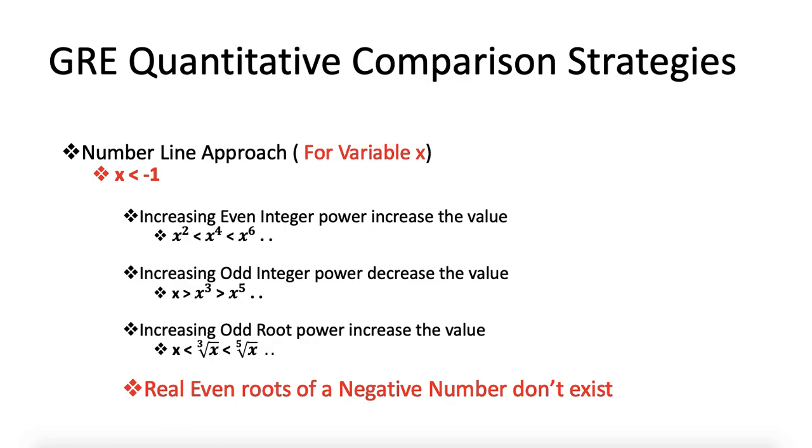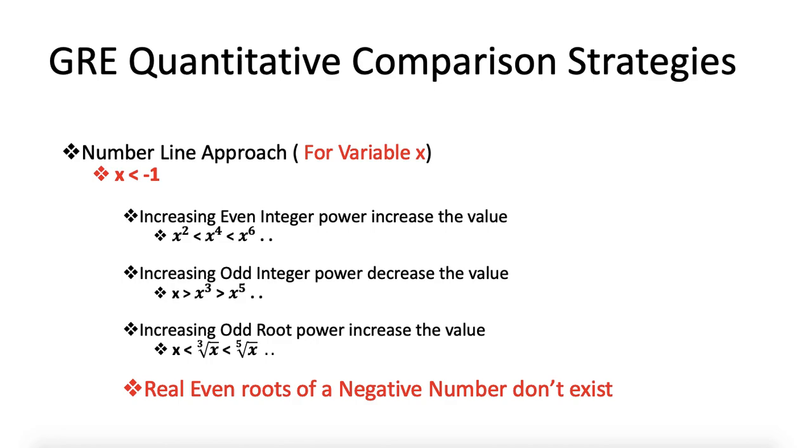Almost all appropriate numbers are considered in these ranges, because if x is greater than 1, that holds for every value greater than 1, whether integer or fraction. And if x is less than -1, that also holds, and in between 0 and -1 and 0 and 1. So there are these 4 ranges which you should consider while using the plug-in approach.